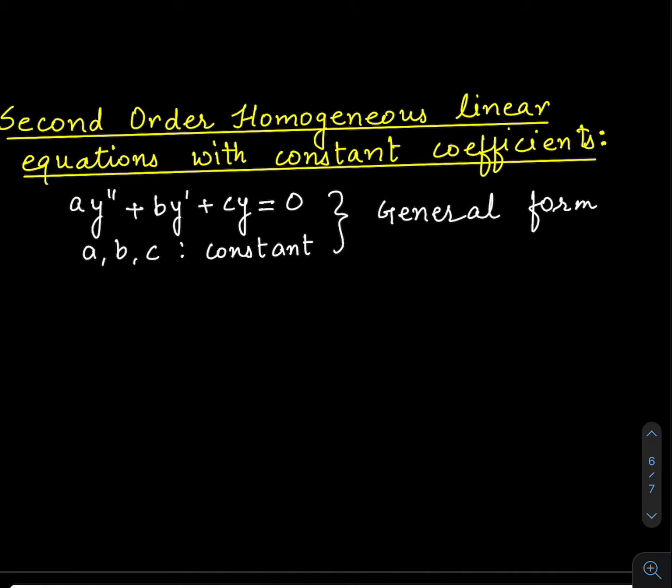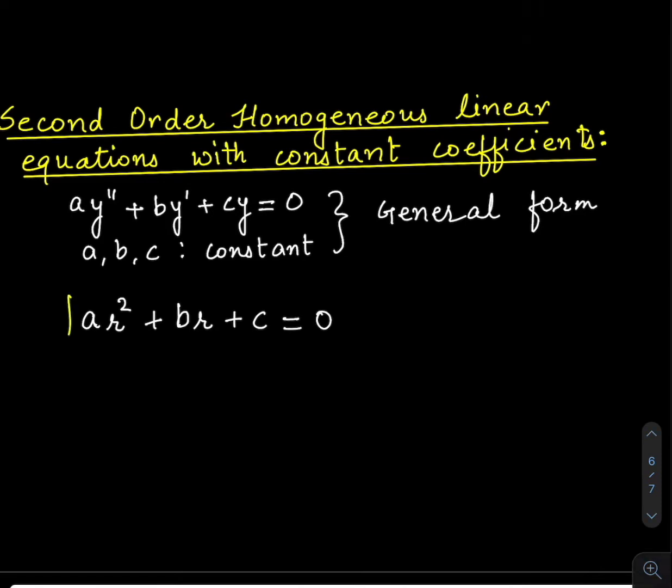For finding the solution for this equation, we talked about the characteristic equation, and the characteristic equation is: the coefficient a, here we have y double prime, so we'll write r square, plus b times, for the first derivative we will write r, plus c equal to 0.